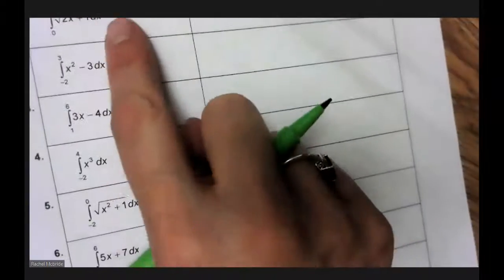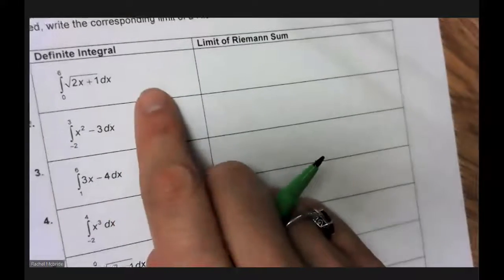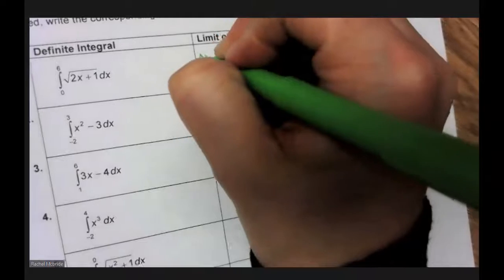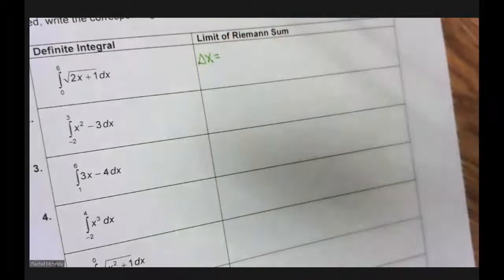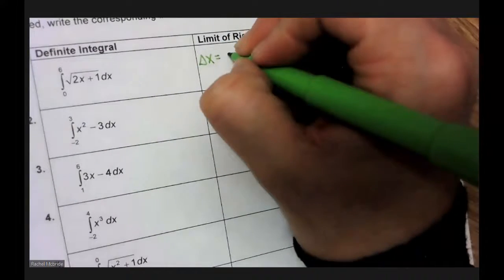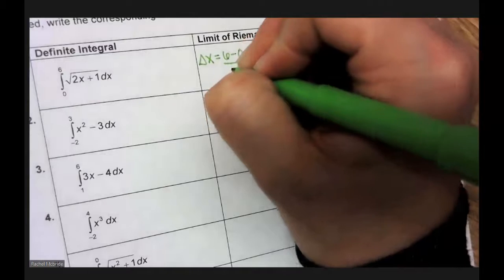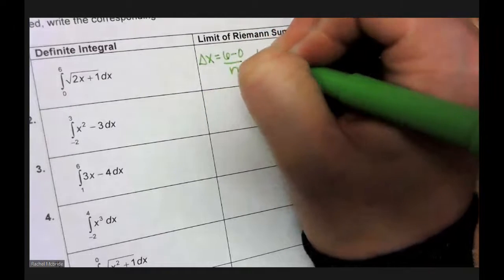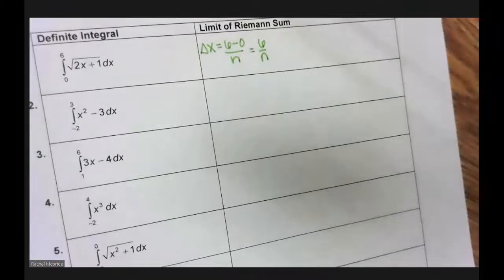So if you were up here and you're looking at example number 1, your delta x in the Riemann sum equation would be 6 minus 0 over n, or 6 over n.